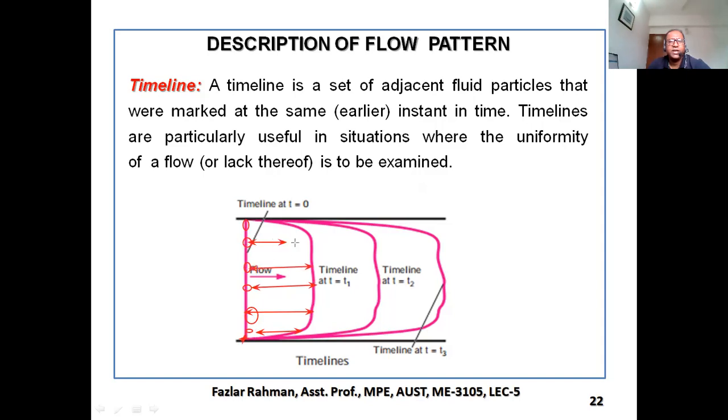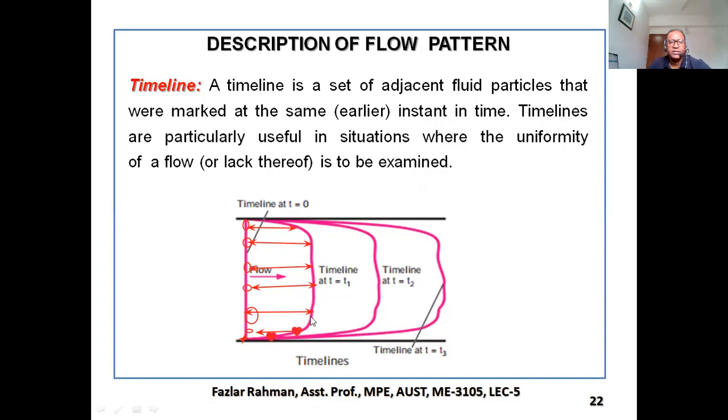So what do you see? All of the adjacent fluid elements take the same amount of time, but they don't travel the same distance. So at a time t1, these are the distances traveled by the fluid elements.